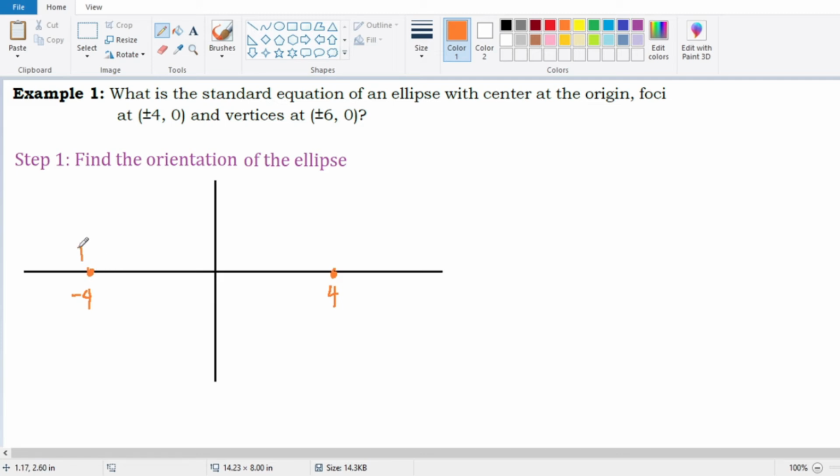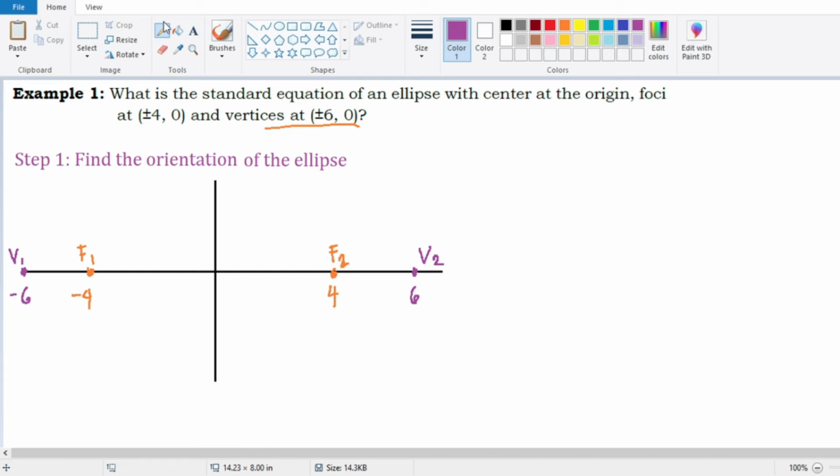So, this one now is your focus 1 and then focus 2. Next, vertices daw is located at positive 6, 0 and negative 6, 0. So, located naman siya dito ngayon. You have there 6 and negative 6. Yan, that would be vertex 1 and vertex 2.